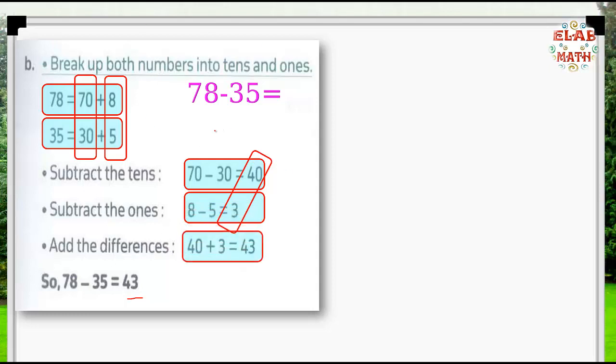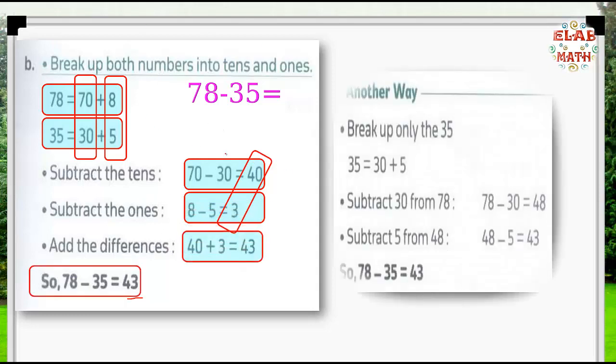We can solve the same question by breaking up one number only. Don't forget that, because you will use this way. You can use another way: break up only one number. 35 equals 30 plus 5.